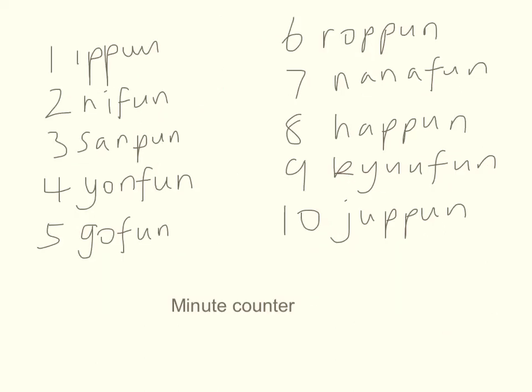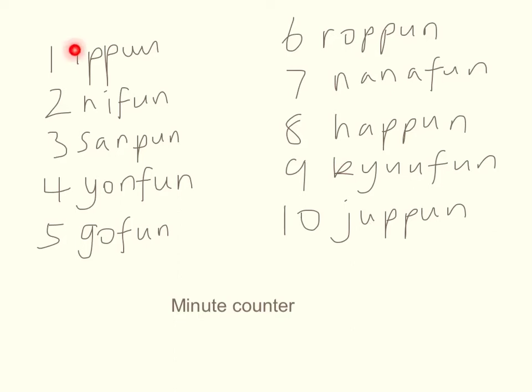Alright, now I've showed you how to put ji at the end of a number to make that number a clock time. For example, adding ji onto roku changes 6 to 6 o'clock, rokuji. Now, to go past that, if you want to say 6:25 or something like that, you have to use the minute counter. So Misato, can you please say these minutes for us from 1 to 10?